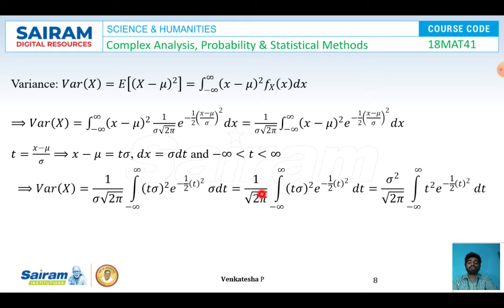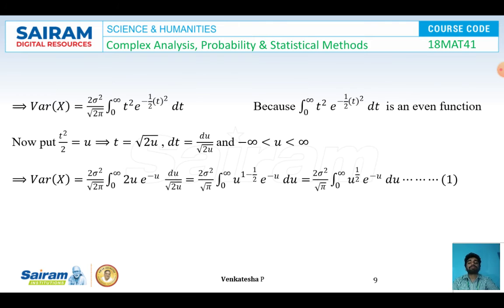So I got 1 by square root of 2 pi, integral minus infinity to plus infinity, t sigma square e power minus 1 by 2 t square dt, or taking sigma square outside, sigma square by square root of 2 pi, integral minus infinity to plus infinity, t square into e power minus 1 by 2 t square dt. We got it. And so it will become variance of x is equal to 2 sigma square by square root of 2 pi, integral 0 to infinity, t square e power minus 1 by 2 t square dt.